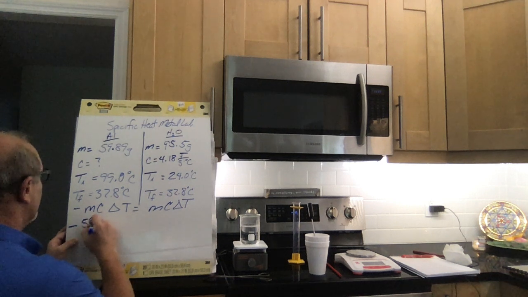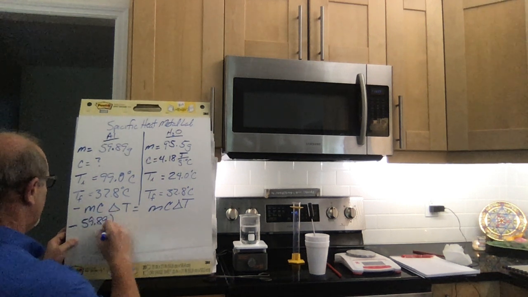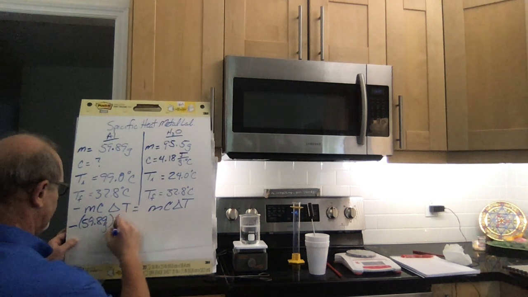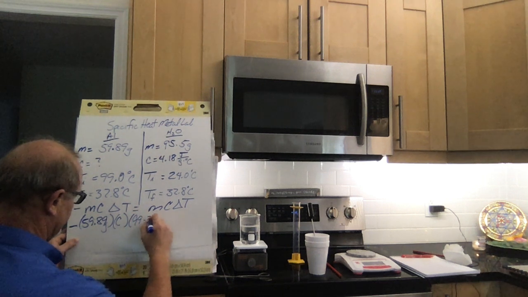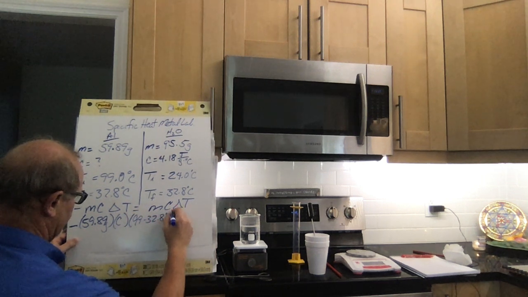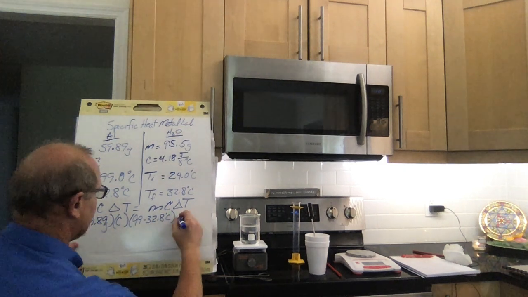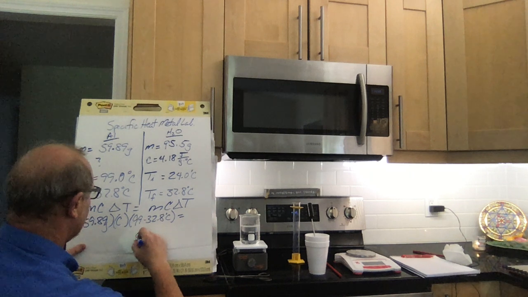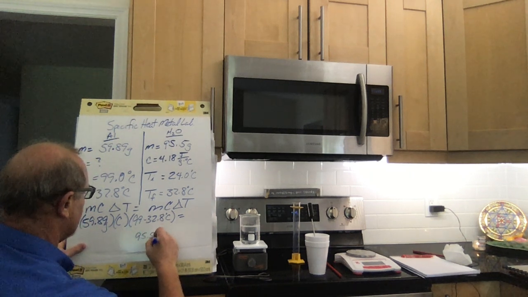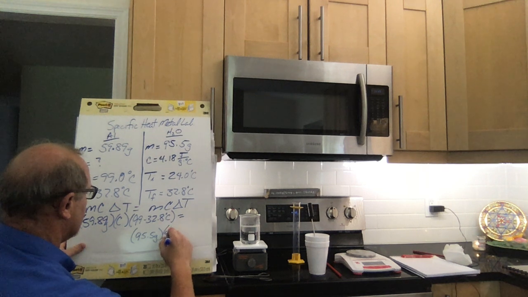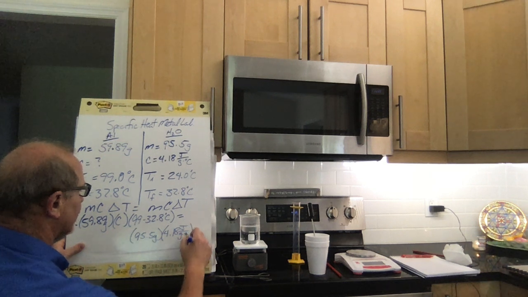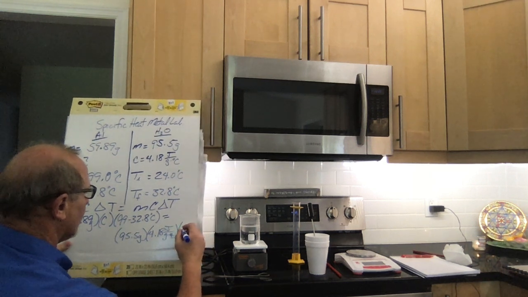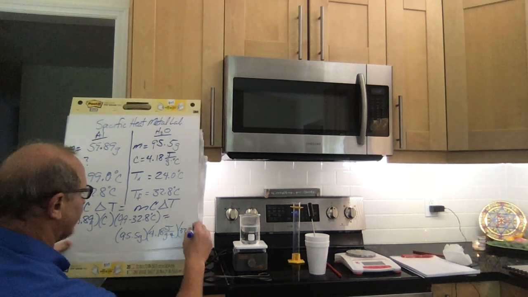Negative 59.89 times C times delta T of the metal equals the water side. We know 4.18 joules per gram degree Celsius, and the water temperature change was 32.8 minus 24.